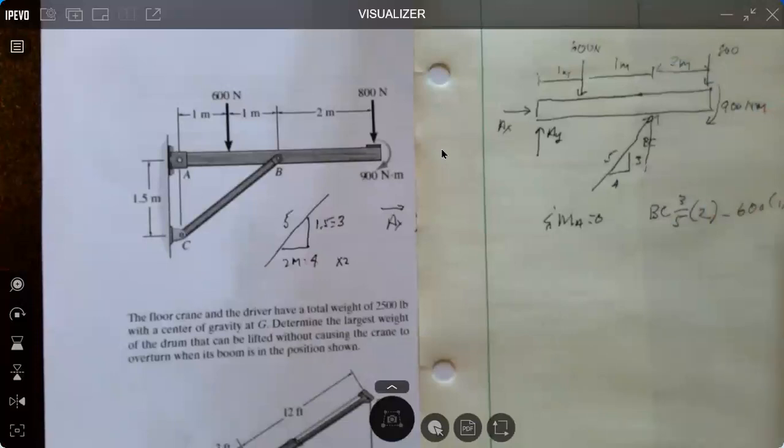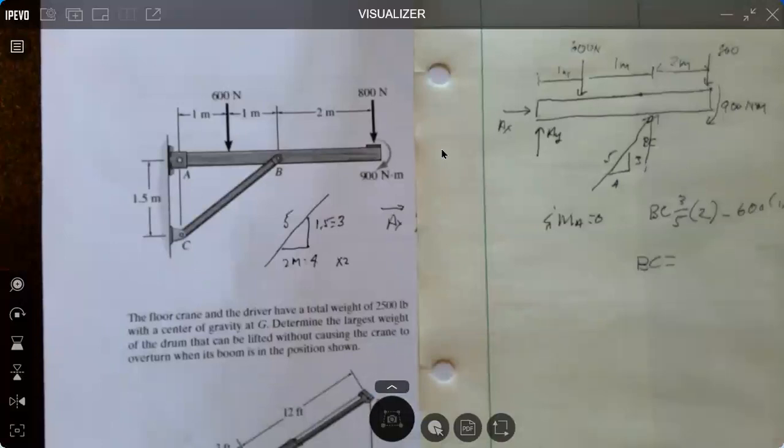And then we have the 900 newton meter moment directed at the end. And that's going to be minus 900 newton meters out here at the end, and all that is equal to 0. So very quickly we can solve for BC.